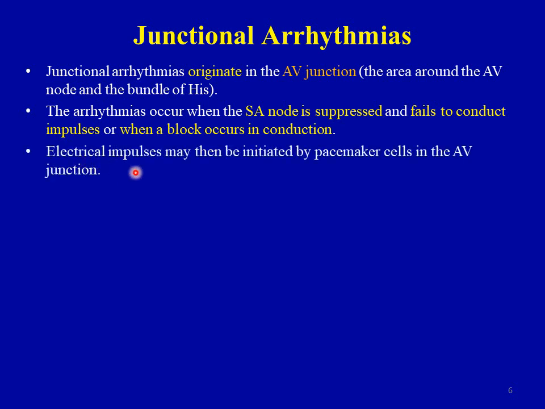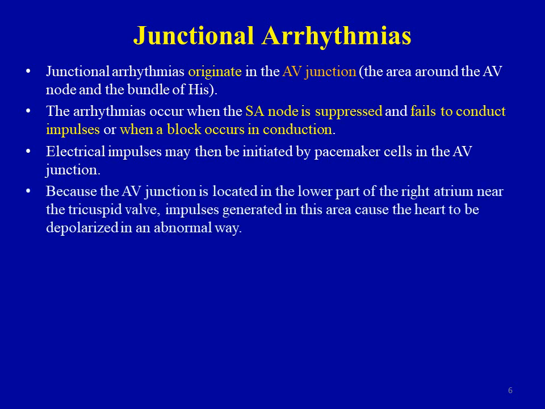The electrical impulses may then be initiated by pacemaker cells in the AV junction, because the AV junction, like other parts of the conduction system of the heart, is composed of autorhythmic cells that have their own frequency of spontaneous action potential generation.